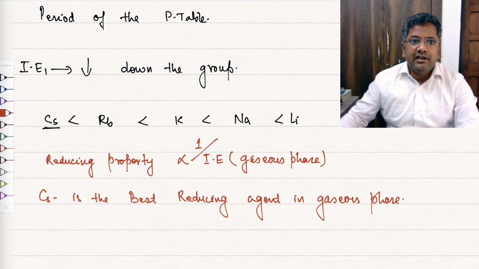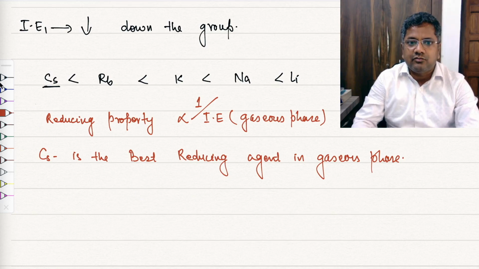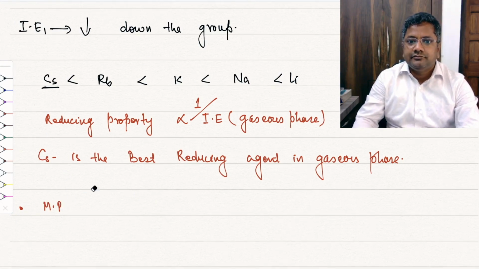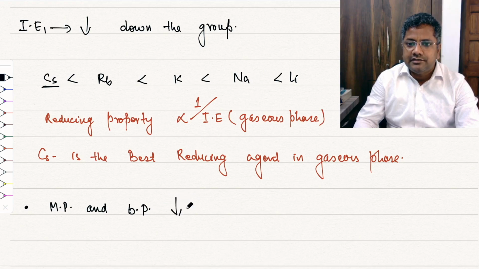The general trend is that melting point and boiling point both decrease down the group.